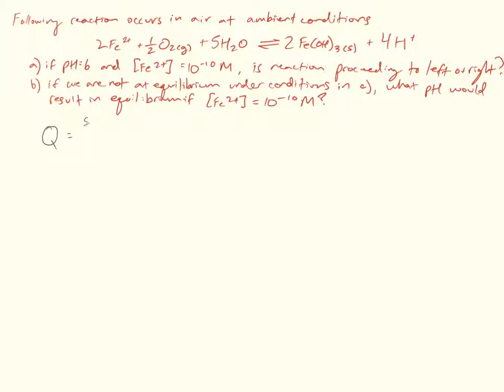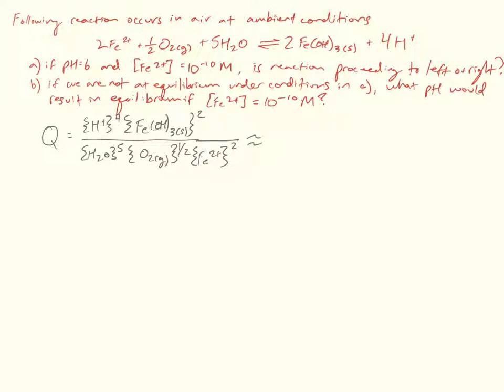So Q equals the activity of H plus to the fourth times the activity of FeOH3 solid squared, divided by the activity of H2O to the fifth times the activity of O2 gas to the 1/2 times the activity of Fe2 plus squared.